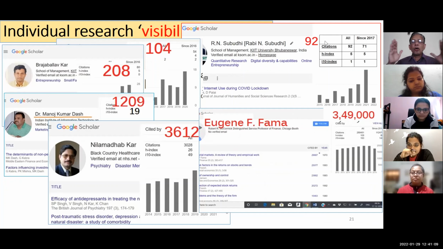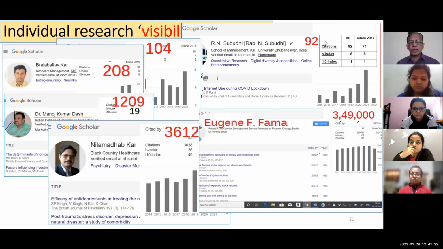Simple. Sir, all professors might not have uploaded in Google Scholar. If I'm using Google Scholar, some better professors have not uploaded. Say, for example, I was requesting, have you registered in Google Scholar? Some of you might not have registered so far. So I'm not doing justice to a scholar, a professor who is not listed in Google Scholar.